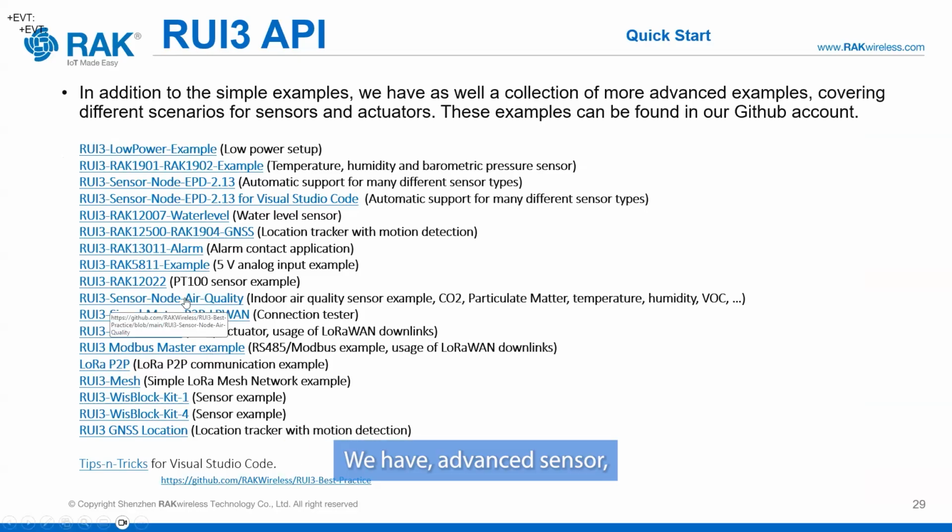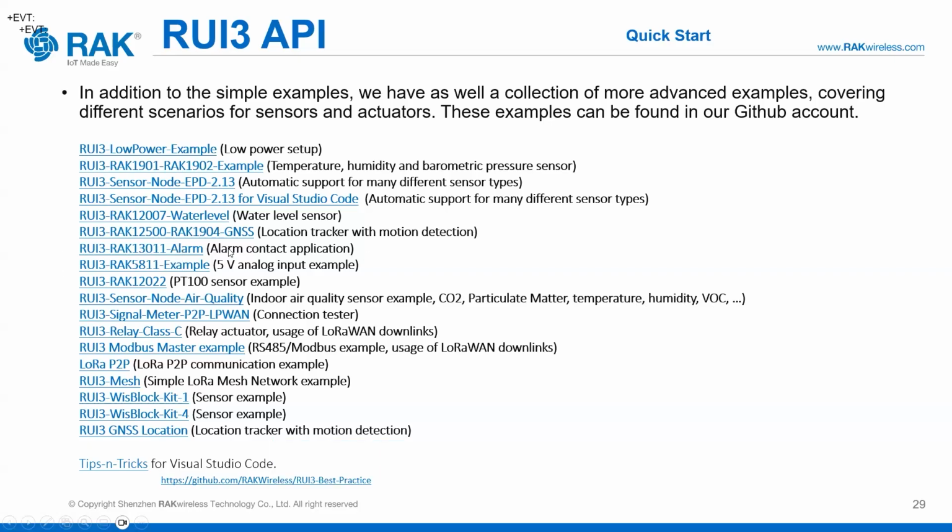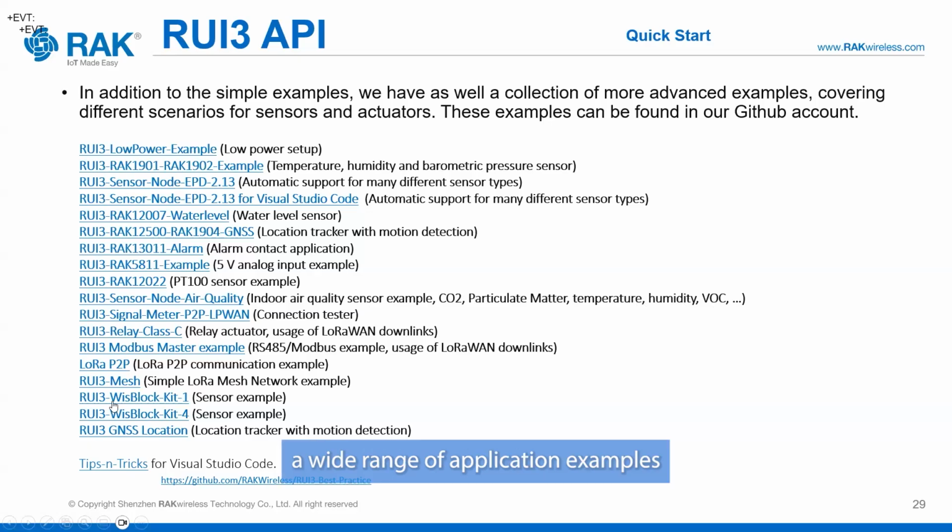We have an advanced sensor application that can be used as an indoor air quality example, which can measure CO2, particulate matter, temperature, humidity, VOC. We have examples for location trackers and alarm contact applications. So we have a wide range of application examples that the customers can use and build upon, enhance, or strip down, depending on what they need, to make their own application.